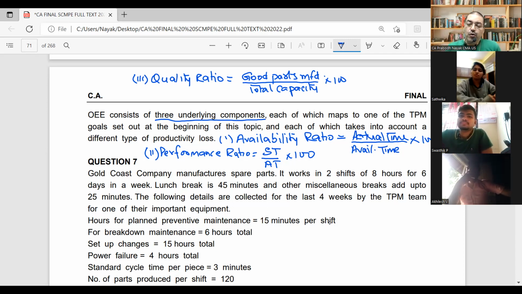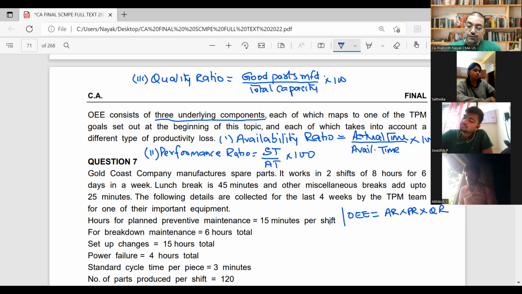Now, how to calculate OEE? You have to multiply availability ratio by performance ratio by quality ratio. That is the formula for OEE. So availability ratio into performance ratio into quality ratio will give you the measure of OEE.